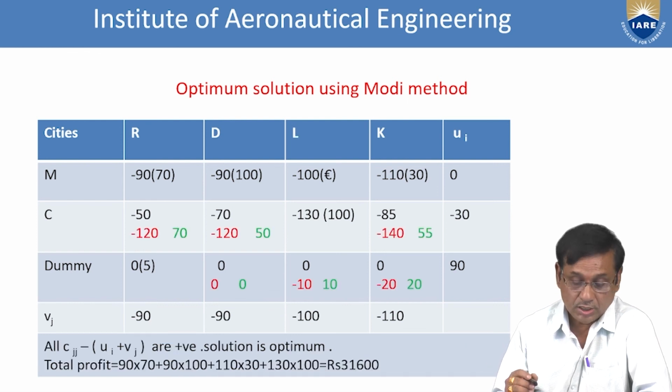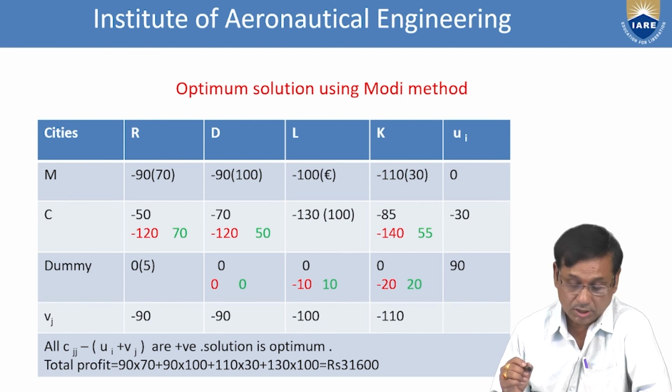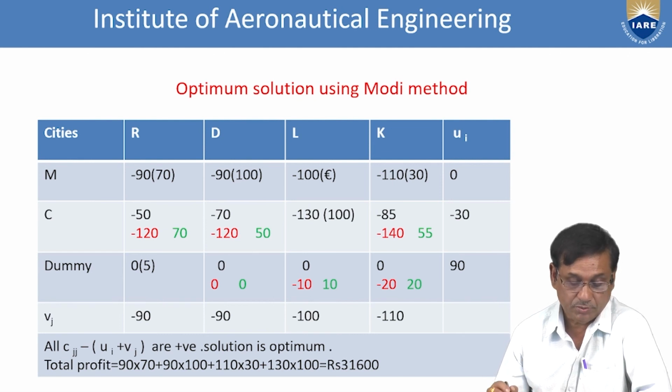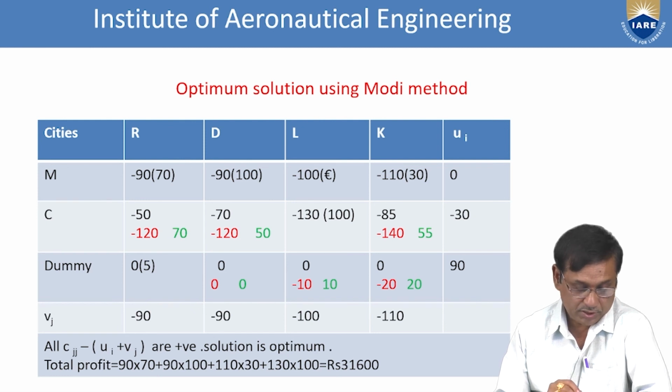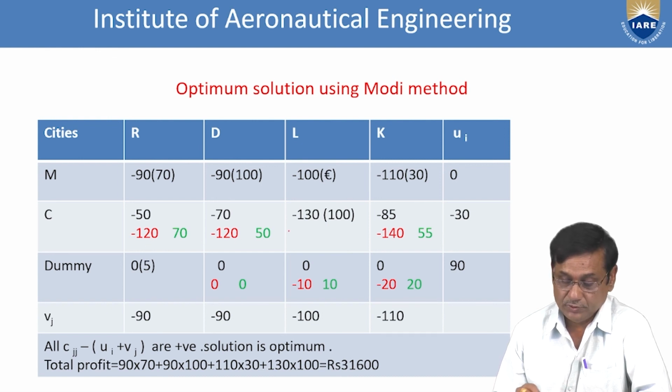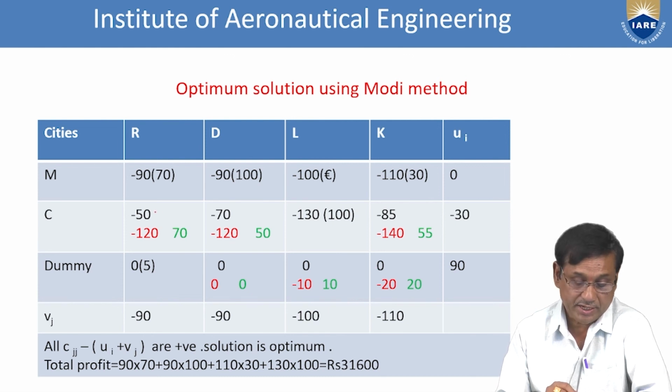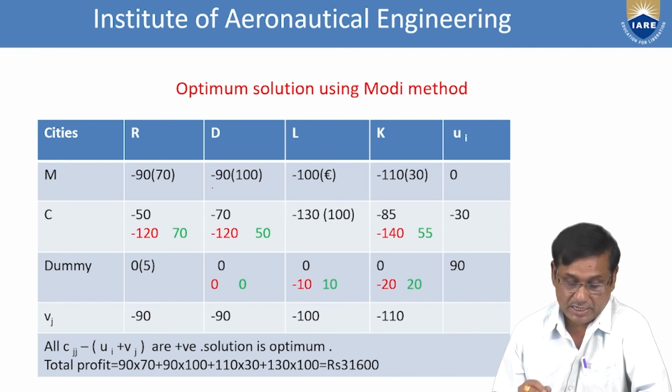Then next we have to find out ui plus vj values, and then cij values, and then we have to find out cij minus (ui plus vj) values. So here ui plus vj values are minus 120 and minus 120, minus 40, 0, minus 10, minus 20. So cij minus (ui plus vj) is 70, 50, 55, 0, 10, 20. So these are the values calculated.